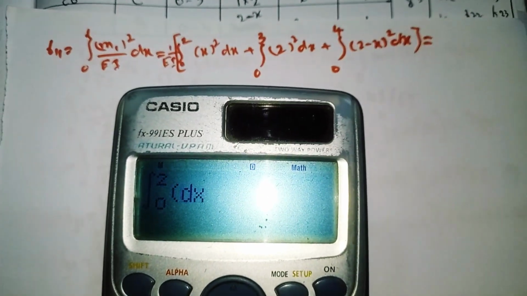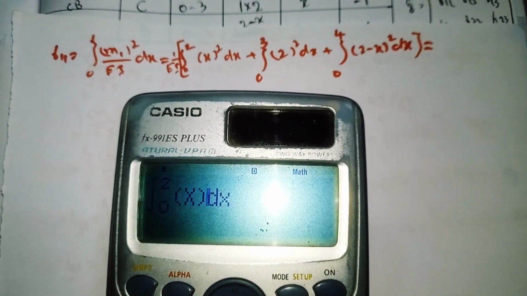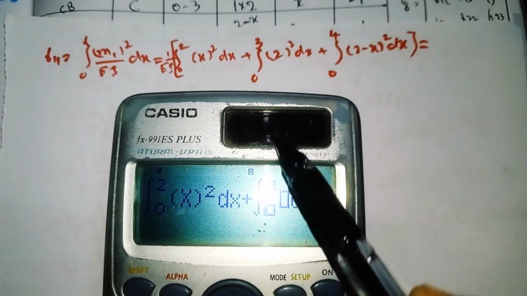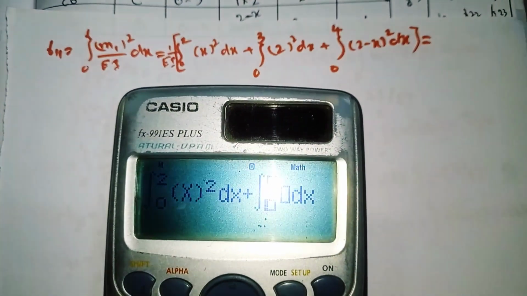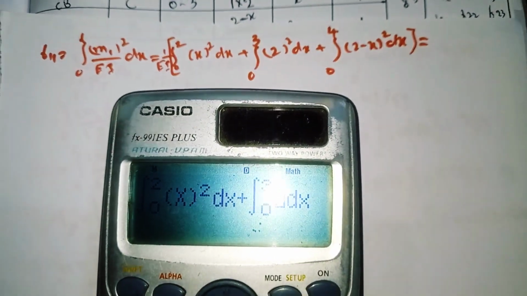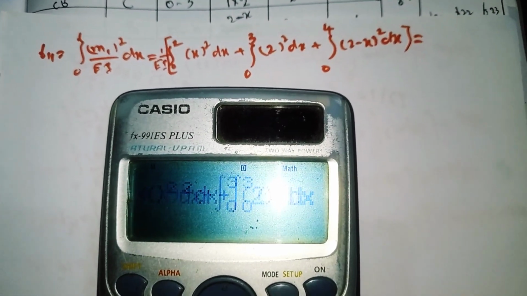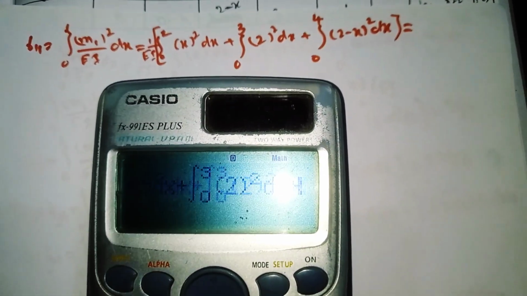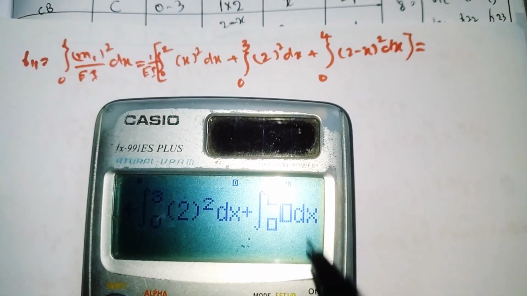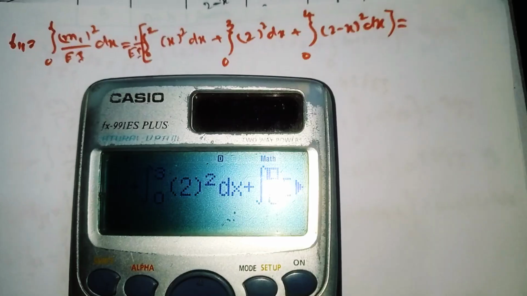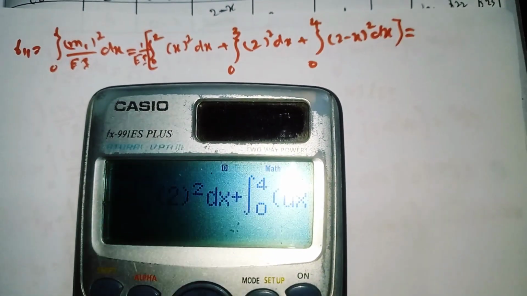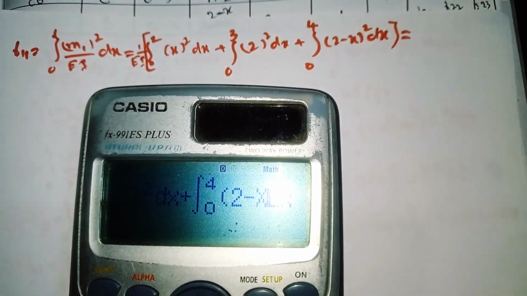Limit is 0 to 2 into x whole square, plus integration of limit 0 to 3 into 2 whole square, plus integration of limit 0 to 4 into 2 minus x whole square.